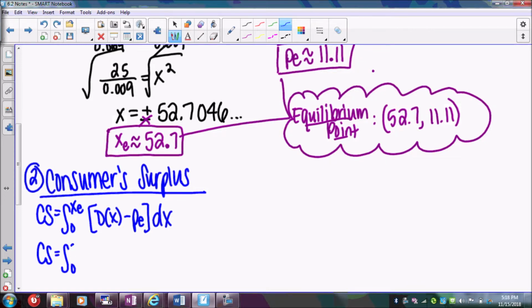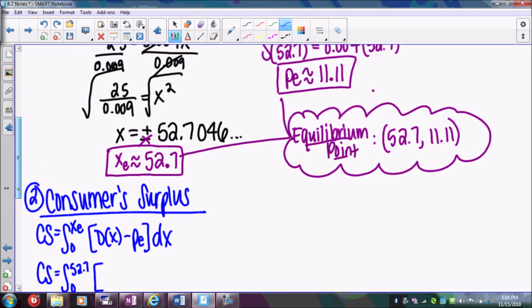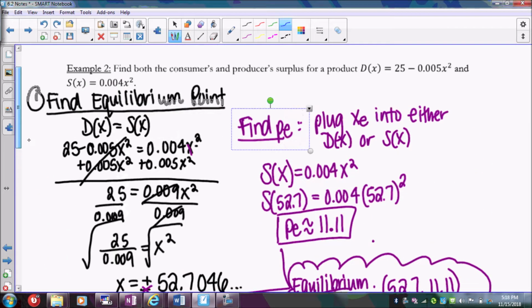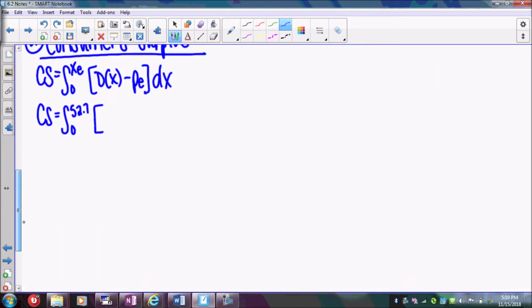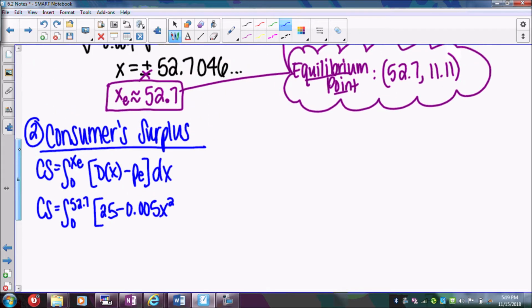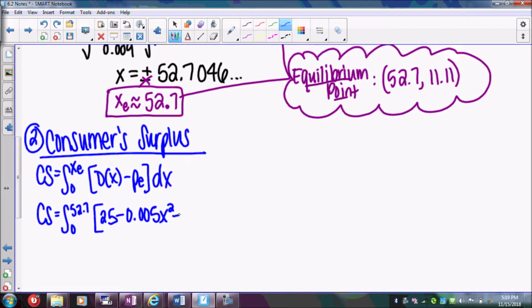So 0 to 52.7. The demand function from the top of the page here is this 25 minus 0.005 x squared. So 25 minus 0.005 x squared minus p sub e, which is the 11.11.